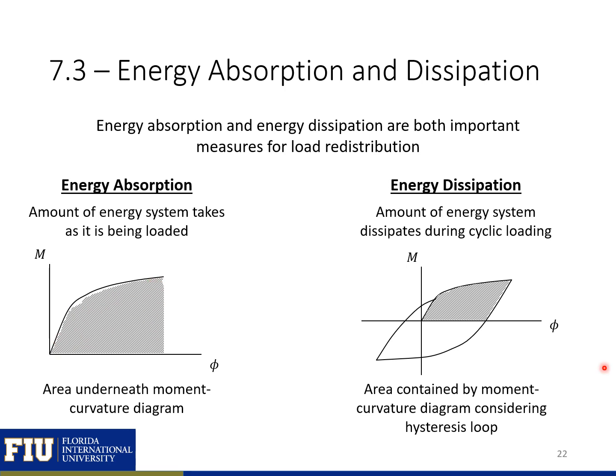The energy dissipation, on the other hand, is the amount of energy the system dissipates during cyclic loading. So how much energy does it absorb? How much does it dissipate? And this is the area contained by the moment curvature diagram considering the hysteresis loop. So the area contained within this hysteresis loop here would be our energy dissipated in the first cycle.